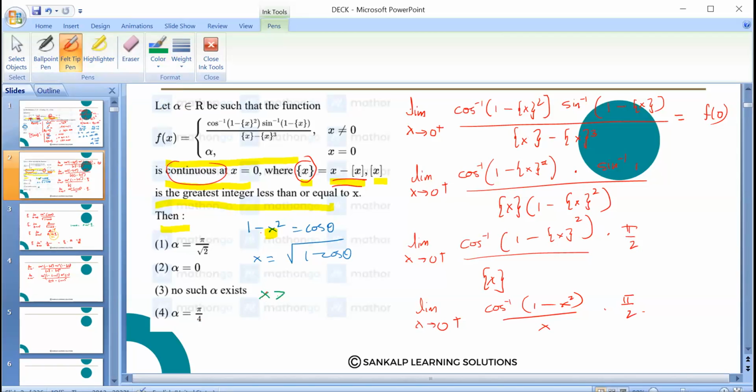X is greater than 0. So if you take x in bracket, it will be x minus greatest integer function of x. That is x minus x plus greatest integer function of x. These two will cancel.